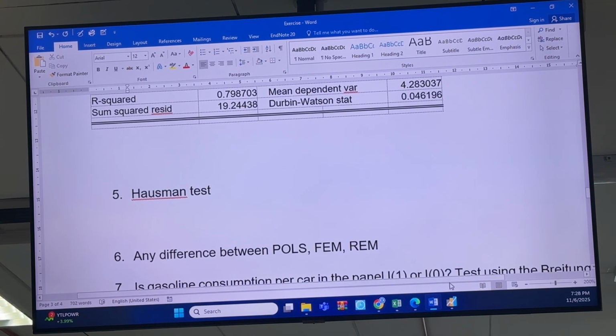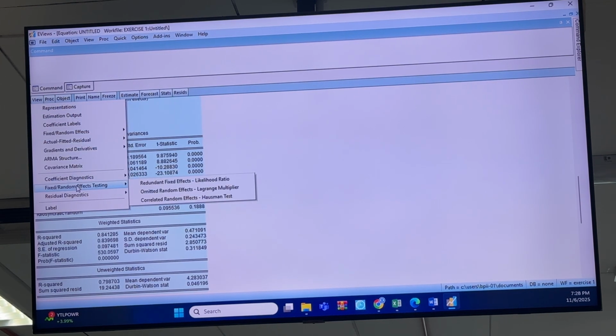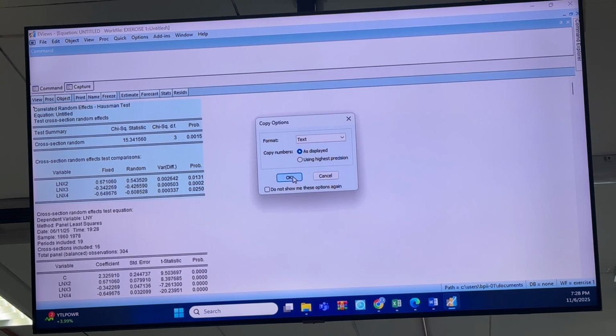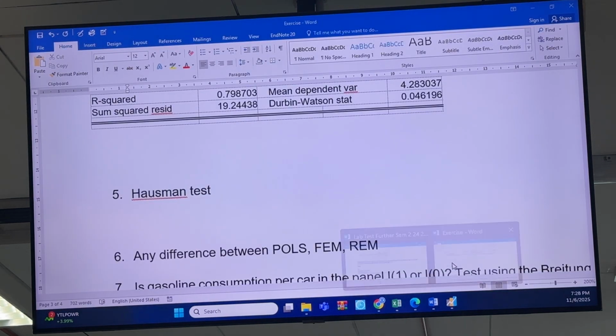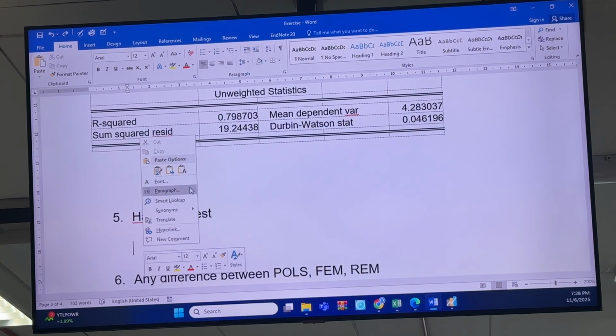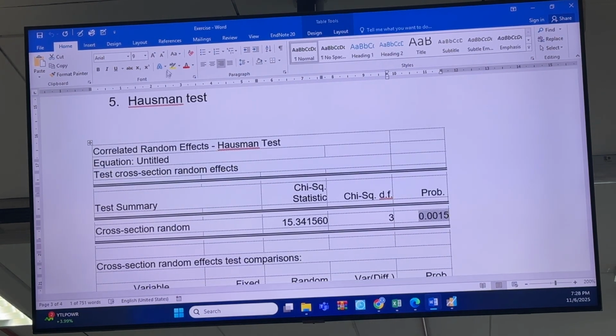So how to test? You can go to view, right? So which one should I choose? The Hausman test is significant. So significant, right?